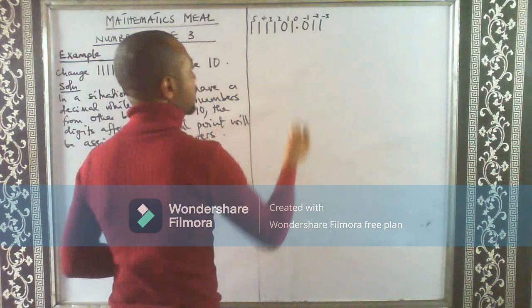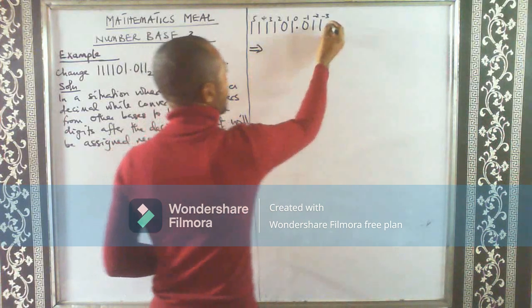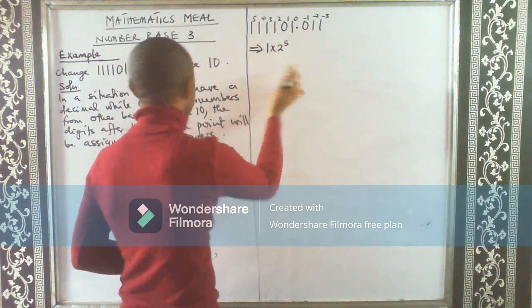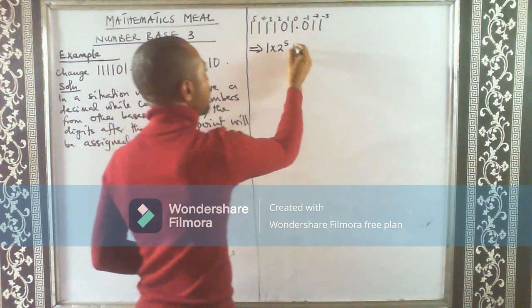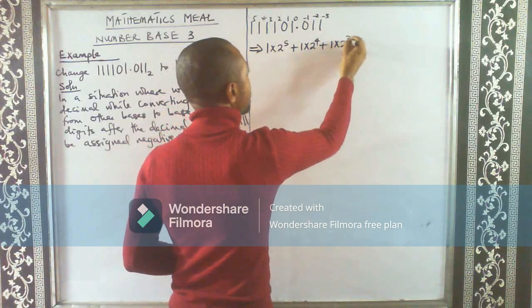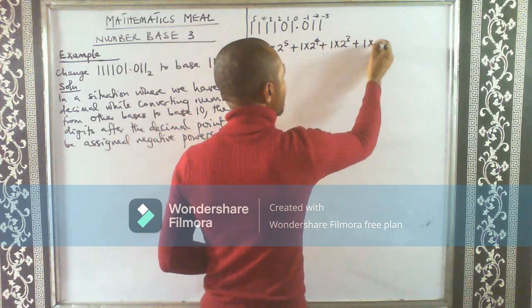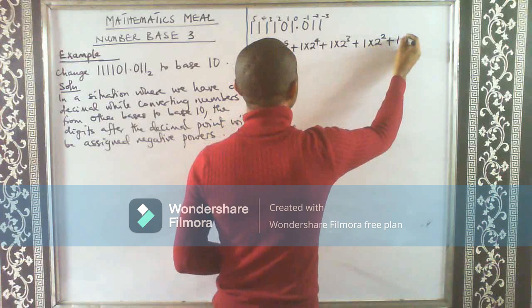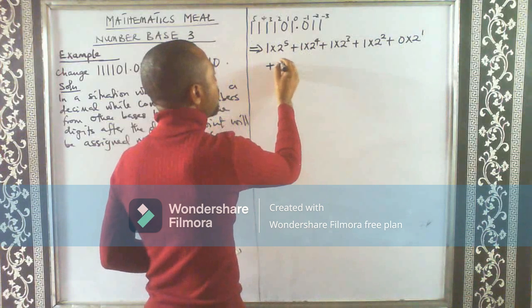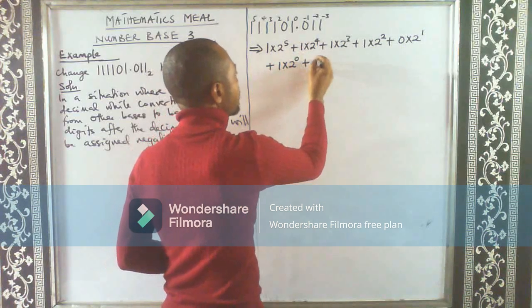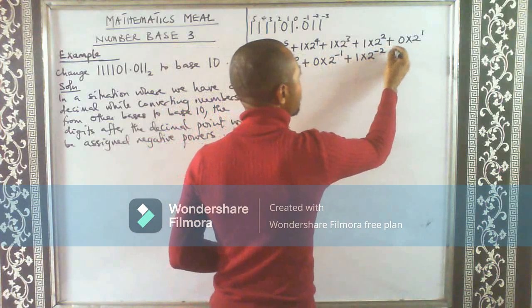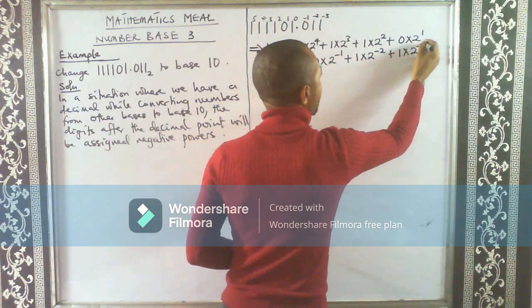So having done that, we can now begin. This whole of this will give us 1 times 2 raised to the power 5, this is the base raised to the power assigned to the digit, plus 1 times 2 raised to the power 4, plus 1 times 2 raised to the power 3, plus 1 times 2 raised to the power 2, plus 0 times 2 raised to the power 1, plus 1 times 2 raised to the power 0, plus 0 times 2 raised to the power negative 1, plus 1 times 2 raised to the power negative 2, plus 1 times 2 raised to the power negative 3.